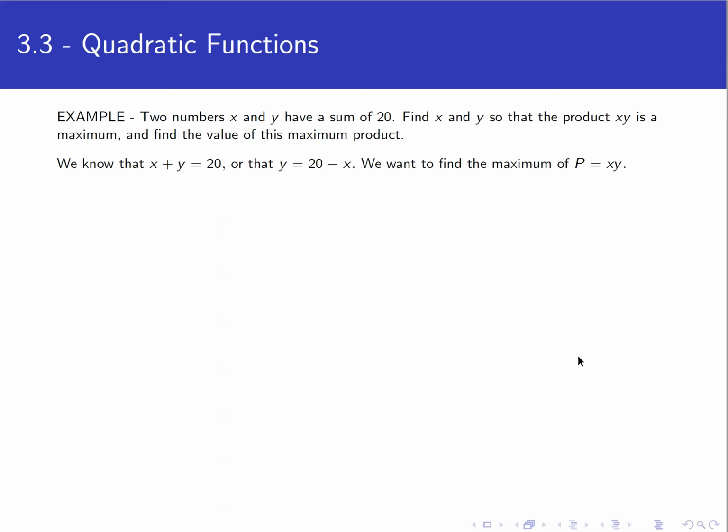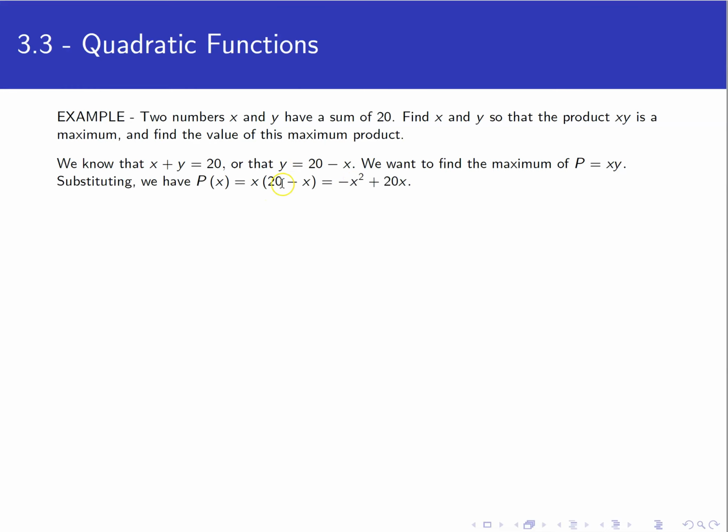The problem is asking us for the maximum product, the maximum of x times y. Okay, well we know that from what we talked about with quadratic functions, we want to find the vertex, but we want a quadratic function with one variable. This has two. That's why we solve for this expression of y in terms of the x.